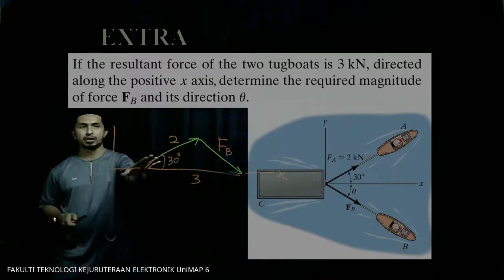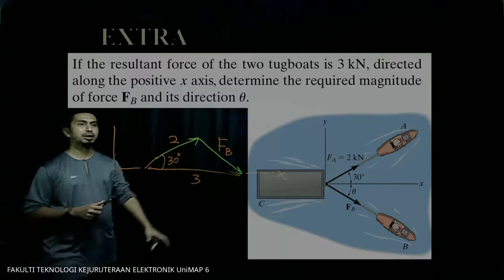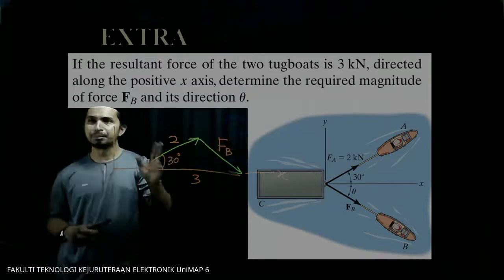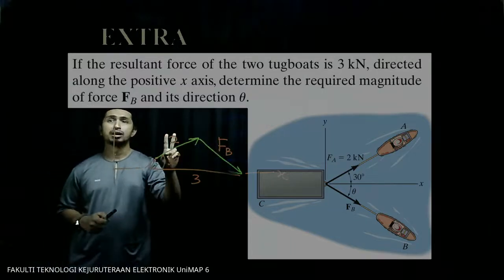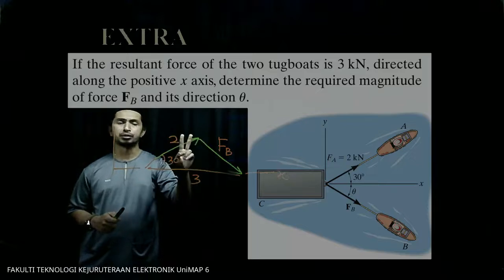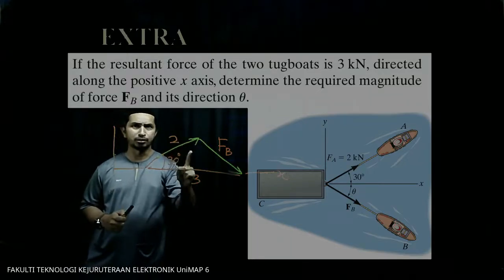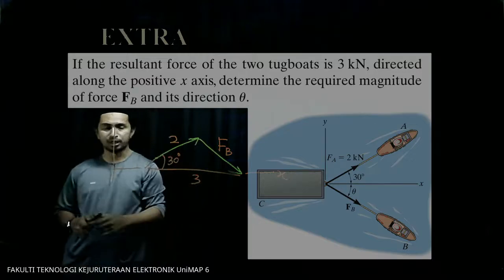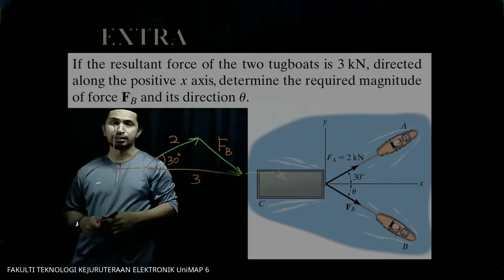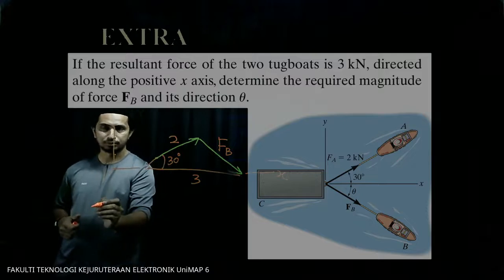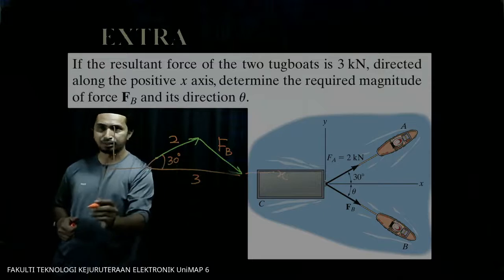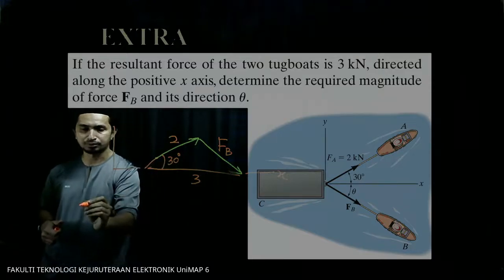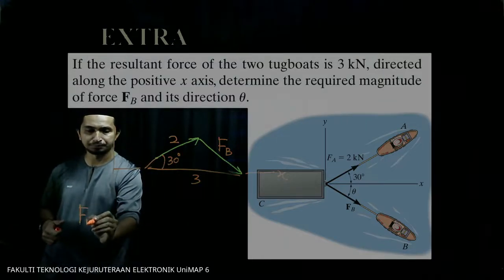So from this triangle, can we calculate FB? Remember class, you have two laws or two equations that you can use. One is the cosine law, the other one is the sine law. Here we can use the cosine law. I will write down that equation.